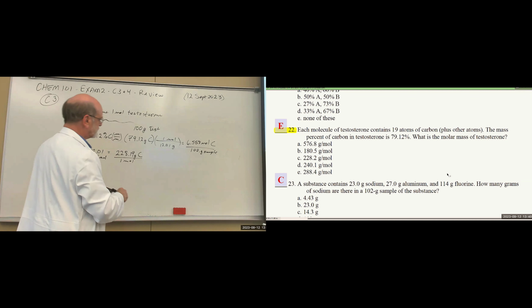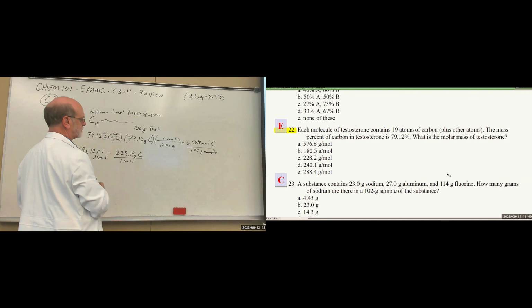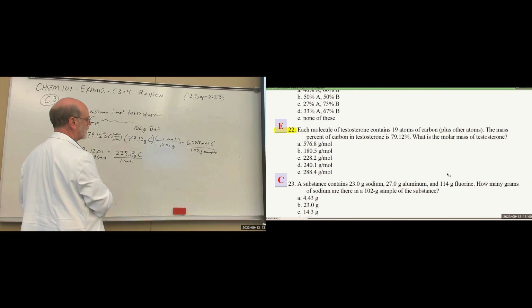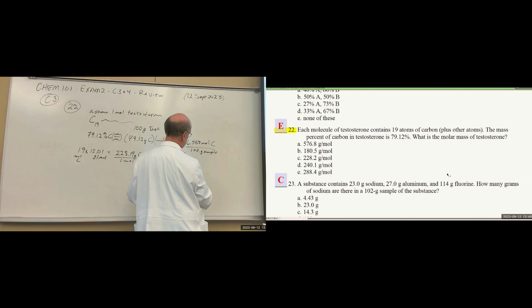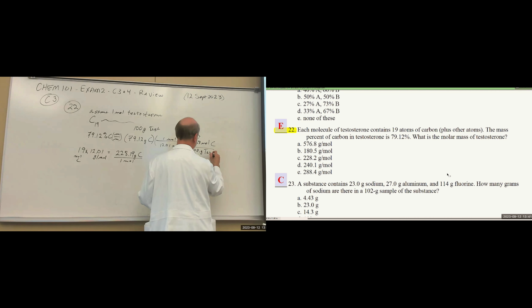Okay. What we want is molar mass of the compound. It's this many moles of carbon per 100 grams of the compound, per 100 grams of testosterone.